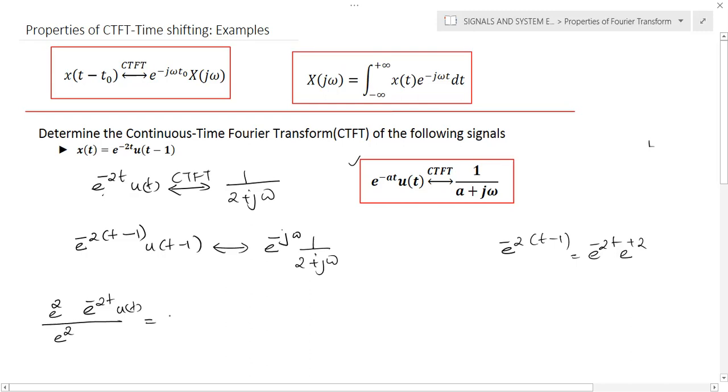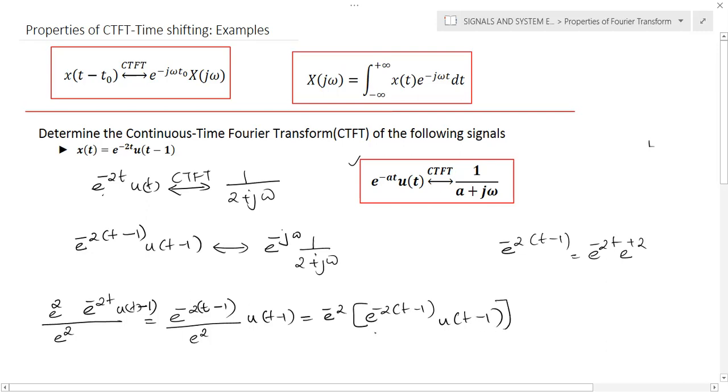Okay, so if you rewrite this, it becomes e raised to minus 2t, multiplied and divided by e raised to 2, into u of t minus 1. Now if you write this, it becomes e raised to minus 2 into e raised to minus 2 into t minus 1 into u of t minus 1.